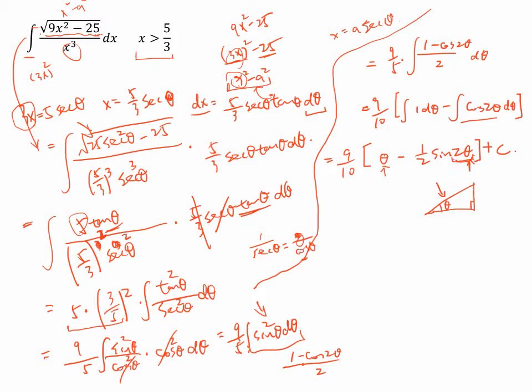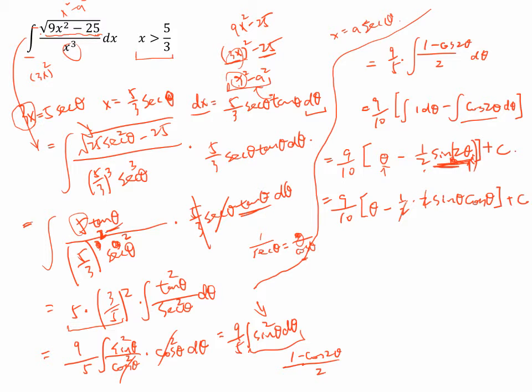But it's not for 2 theta. Here is sine of 2 times theta, so my triangle couldn't apply for a doubled theta. I have to rewrite this part again, which is 9/10 theta minus 1/2, copy the constant, times, we know that sine 2 theta equals what? 2 sine theta cosine theta, right? Plus C.